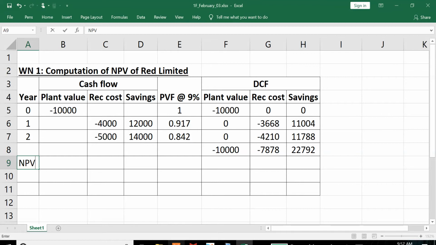Finally, you can add those 3 items. This is the NPV we generate, 4,914.